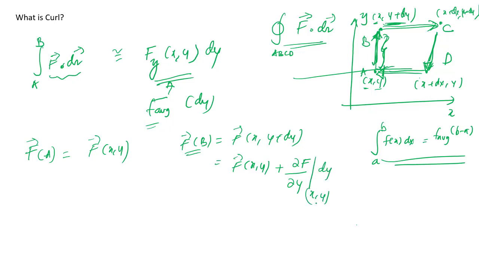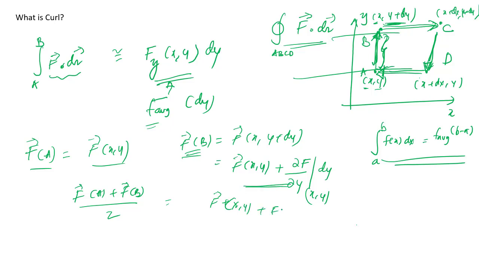If I want the average at A and B, I add f of A plus f of B by 2. So that would mean f of xy plus this term, plus another f of xy plus this differential term dou f by dou y dy, divided by 2. So this gives me the average.